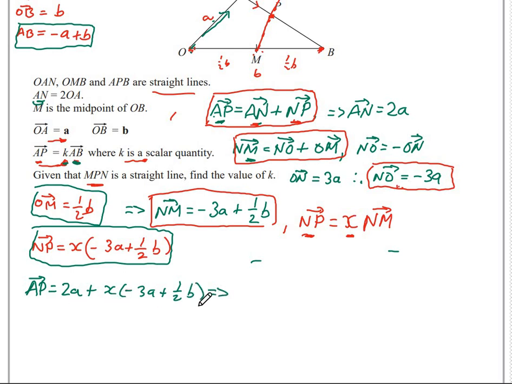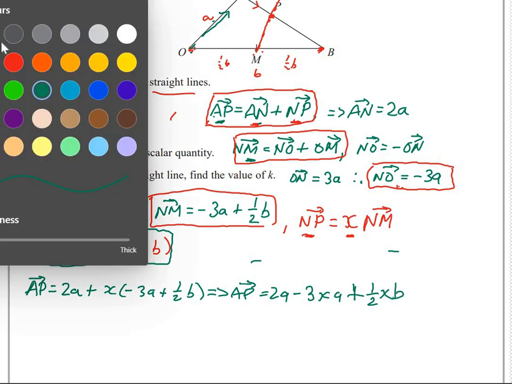So AP equals 2a plus x times minus 3a, which is minus 3xa, plus half xb. Okay, so now we have another expression for AP.